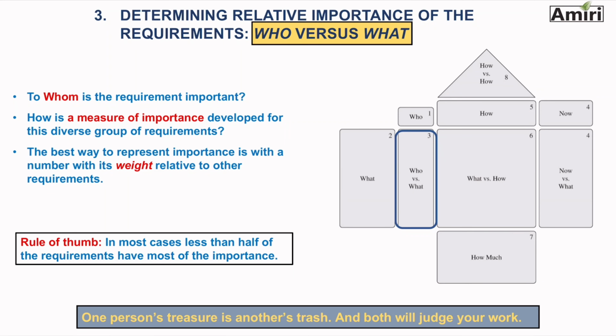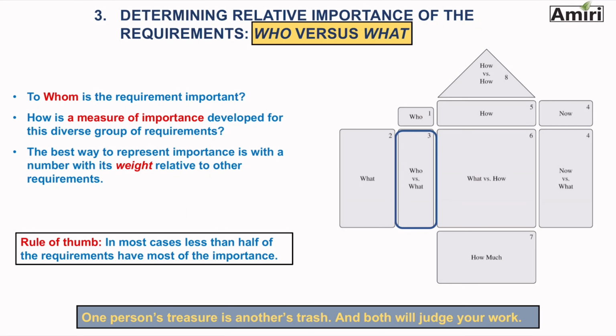That tells you how much effort, time, and money to invest in achieving that requirement. It doesn't mean you should ignore it if the weight is low, but for the higher weights, you put more effort, time, and money into it. So it's a relative measure of the importance of that customer requirement to each group of customers.